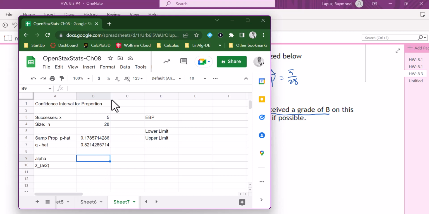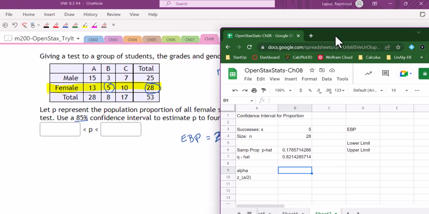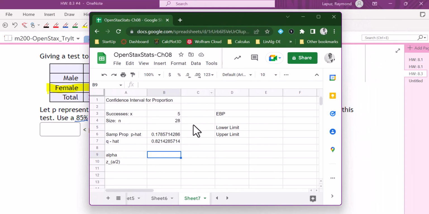Now for alpha, we want an 85% confidence, so our alpha is 1 minus 85%, which translates to 0.85, and that's going to get the 15%.